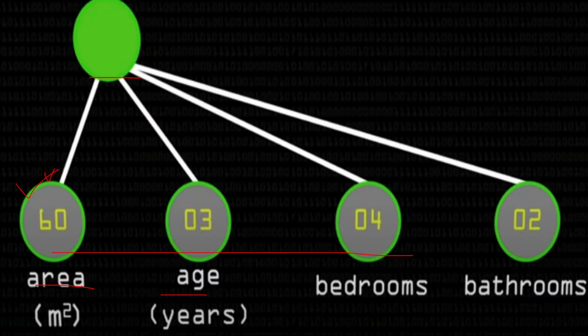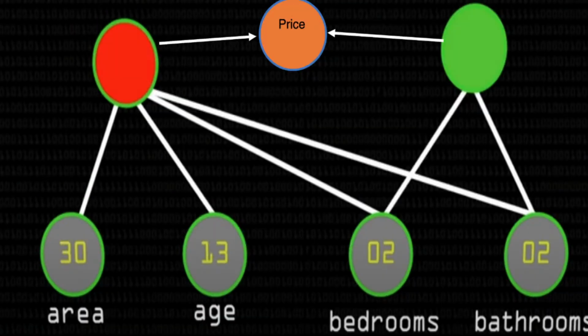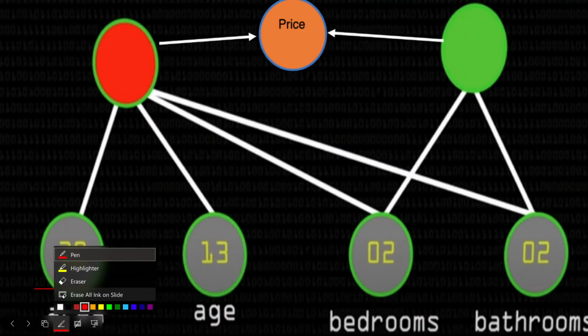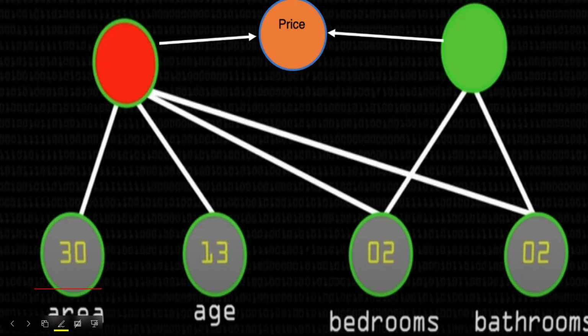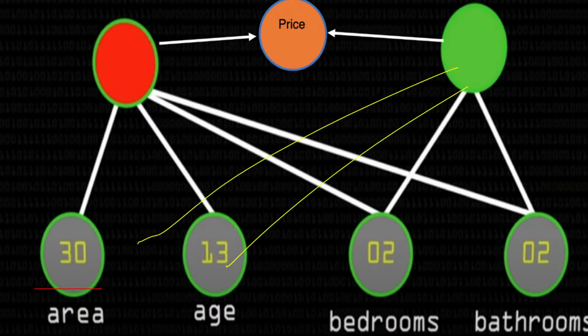Okay, so here we have all the nodes. One funny thing which you would observe here is that this node is connected to all the 4 nodes, while this node is connected to only 2 nodes. Why is it so? What we are trying to represent here is that this node is also connected to all the nodes, but it is more dependent on bedrooms and bathrooms.